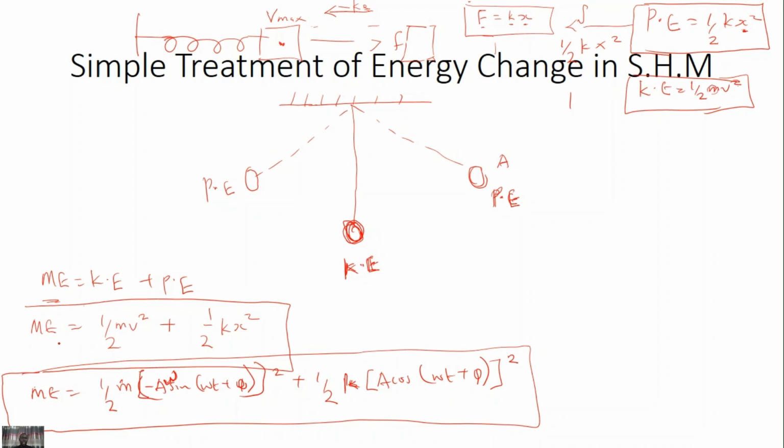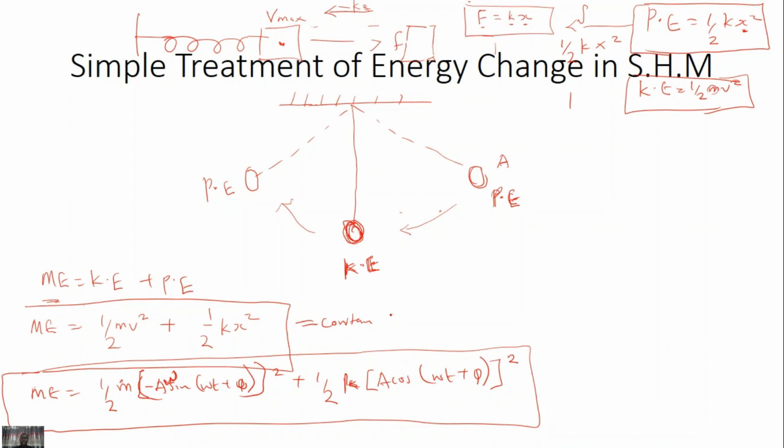The mechanical energy at every point in time remains constant, meaning that at every stage of the motion, no matter where it is, when the kinetic energy is added to the potential energy, it always gives you a particular value which is constant.